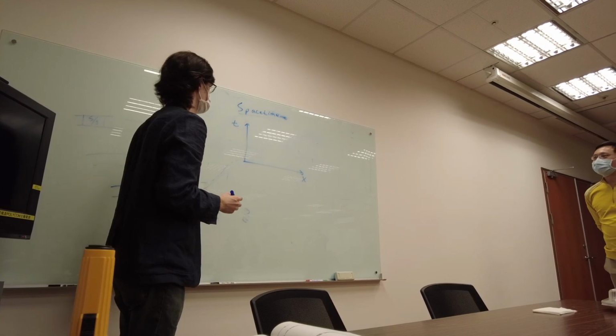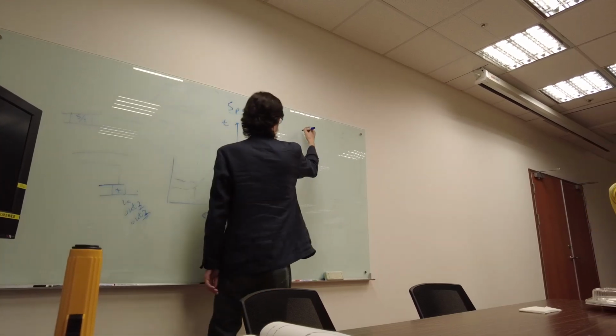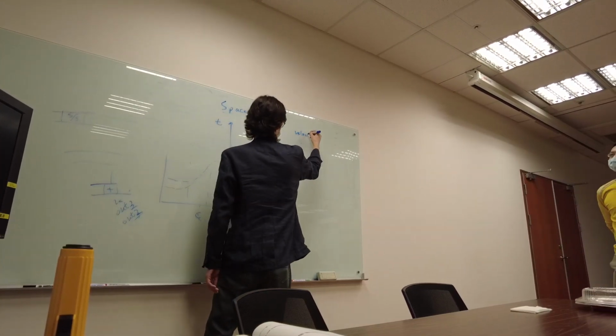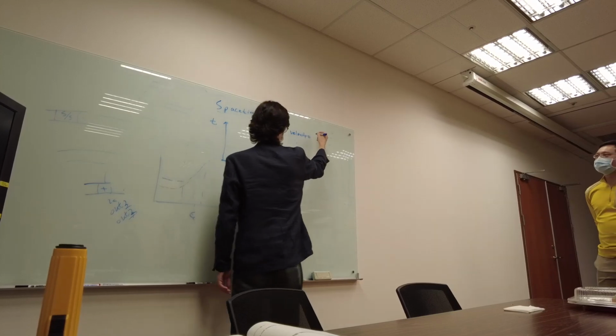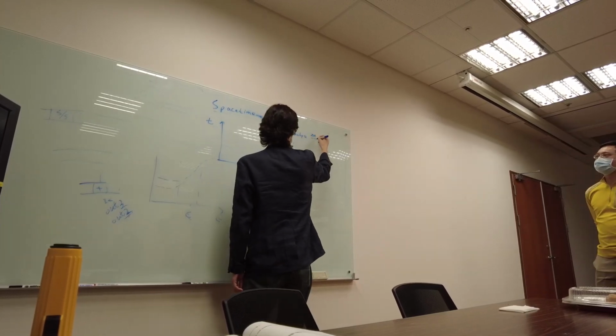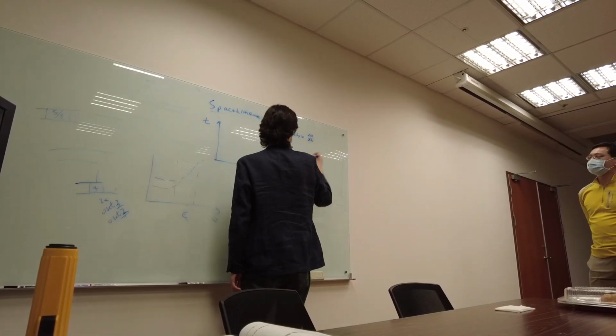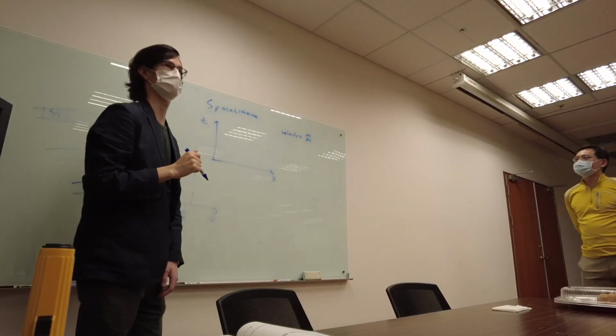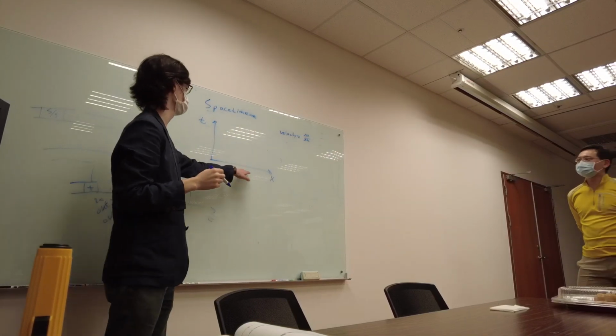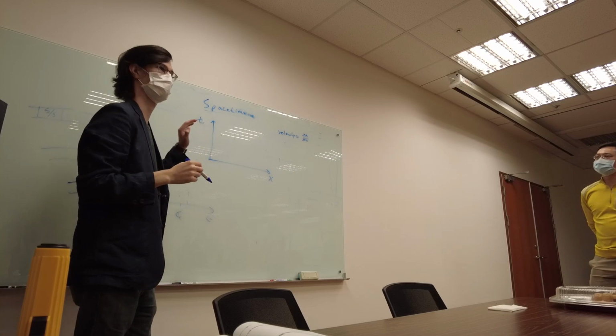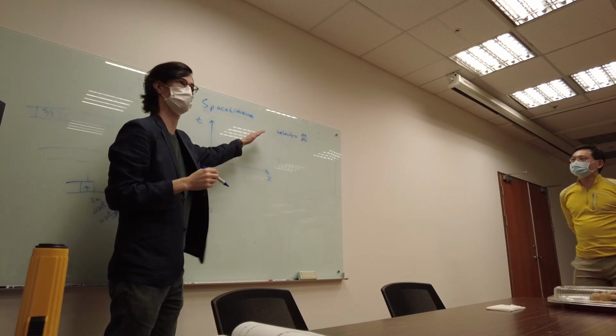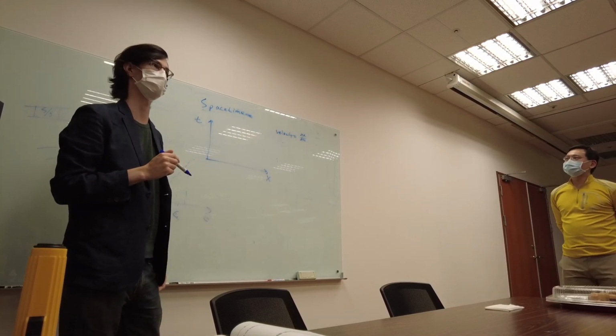And so velocity, remember, is change in position over change in time, right? So if you change in position and you change in time, velocity is going to be a diagonal line in this space, right?